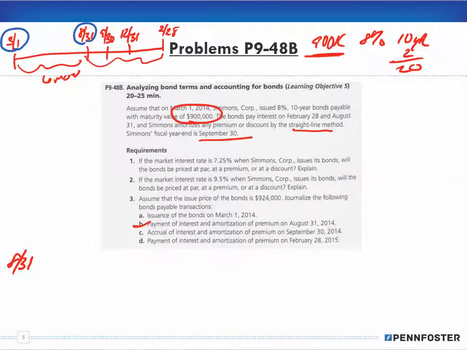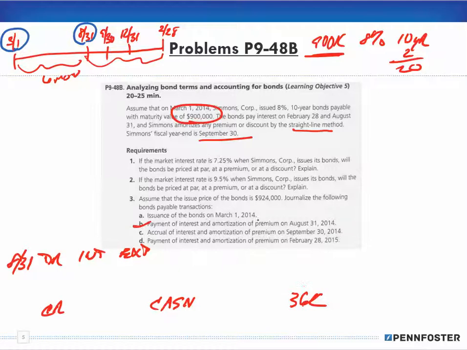So we are going to pay out in cash. We're going to credit our cash for $36,000. Now, we're paying that as interest, so we know we're going to debit our interest expense. But the interest expense is not just $36,000.